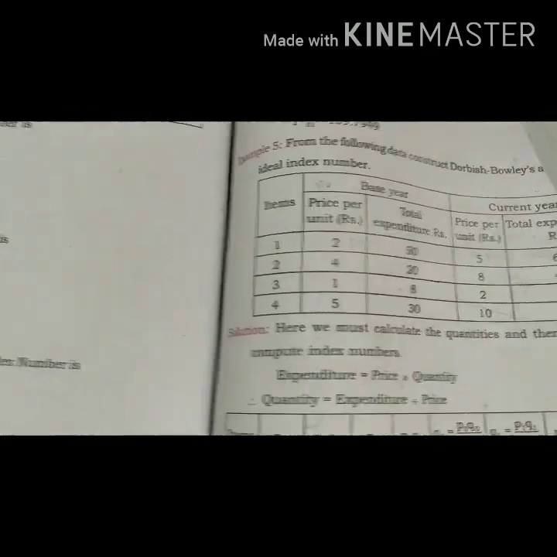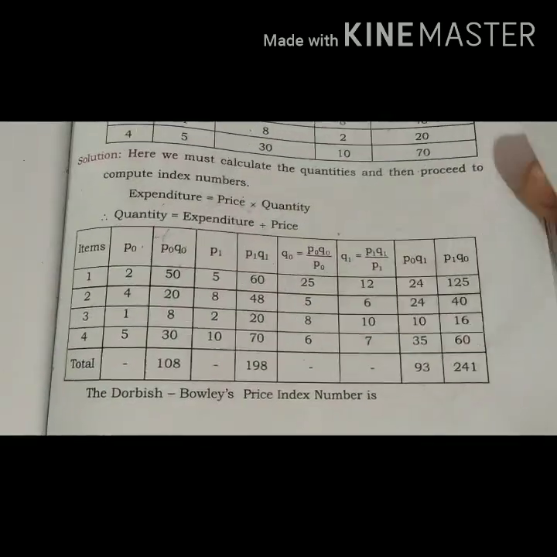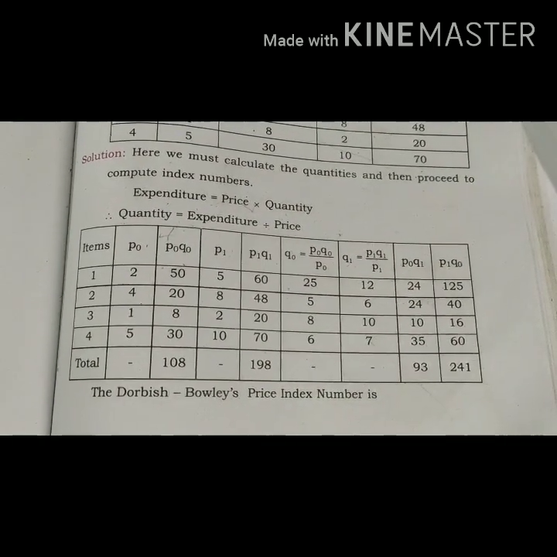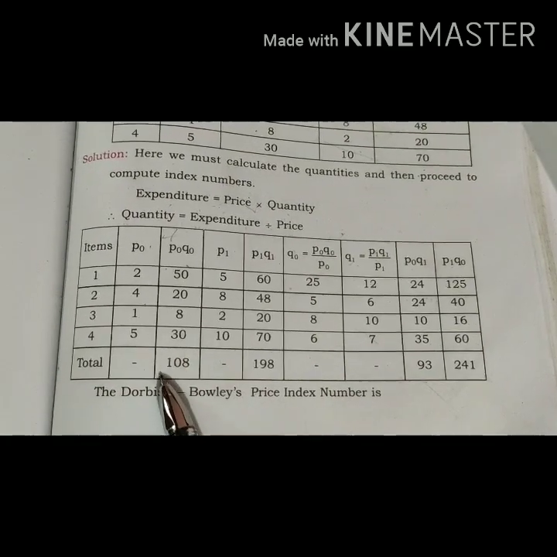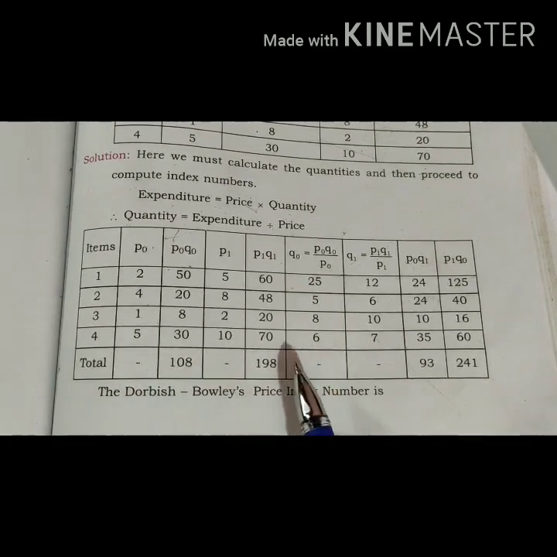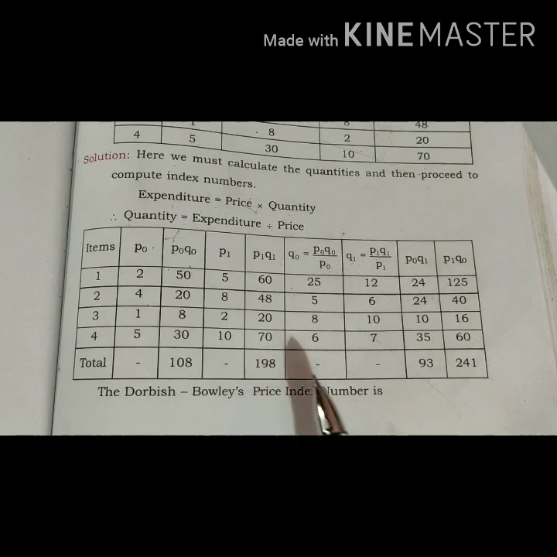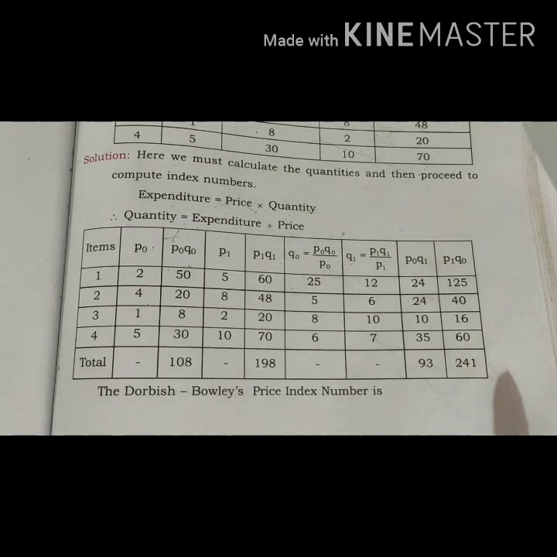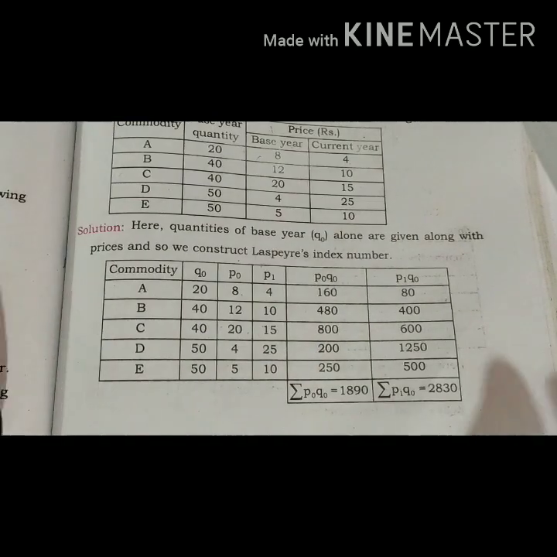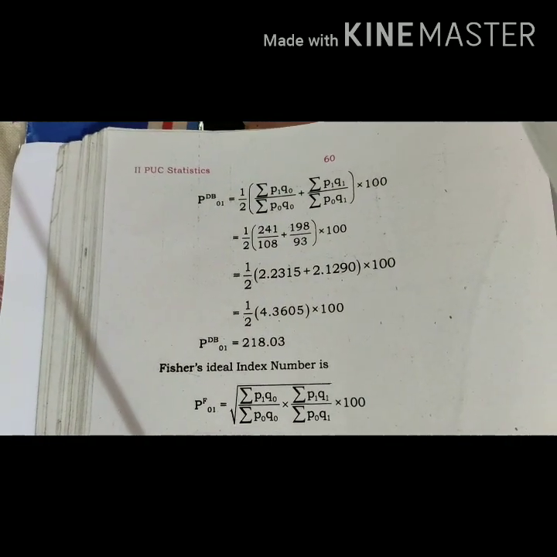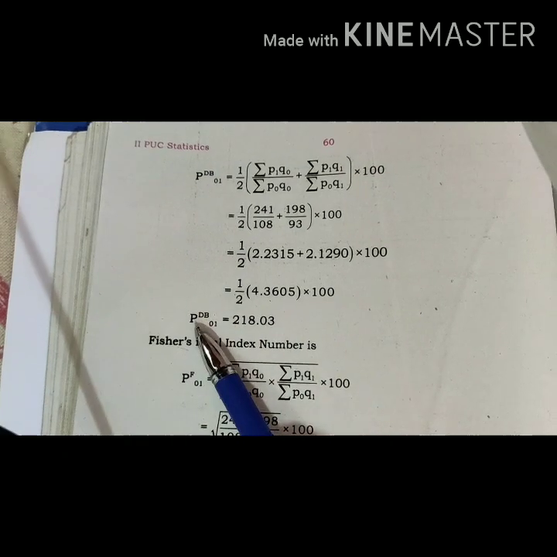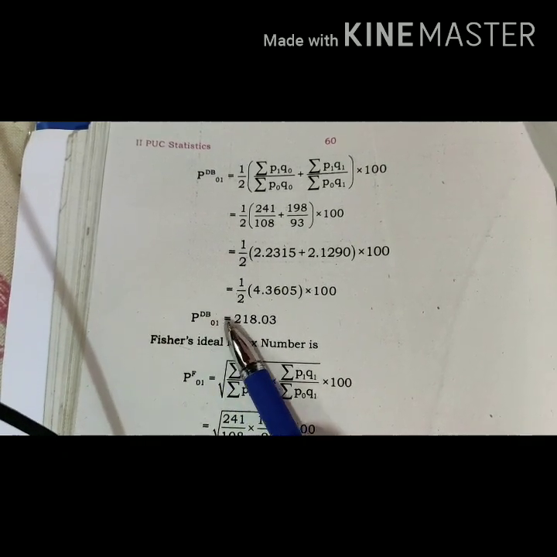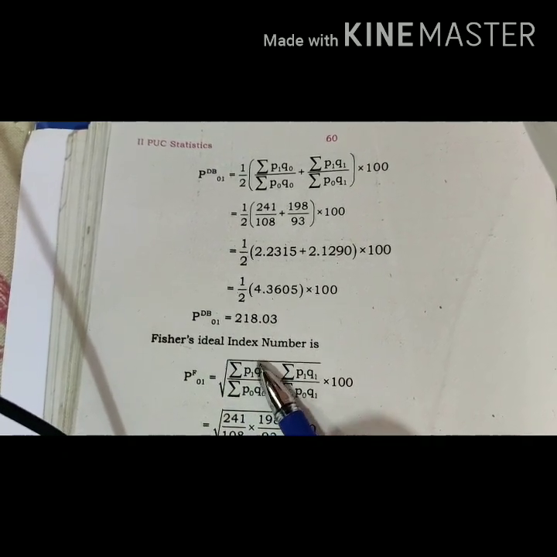See, this is your P0 Q0, this is your P1 Q1, this 93 is your total of P0 Q1, and this is of P1 Q0. So substituting in the formula, you get Drobisch-Bowley's price index as 218.